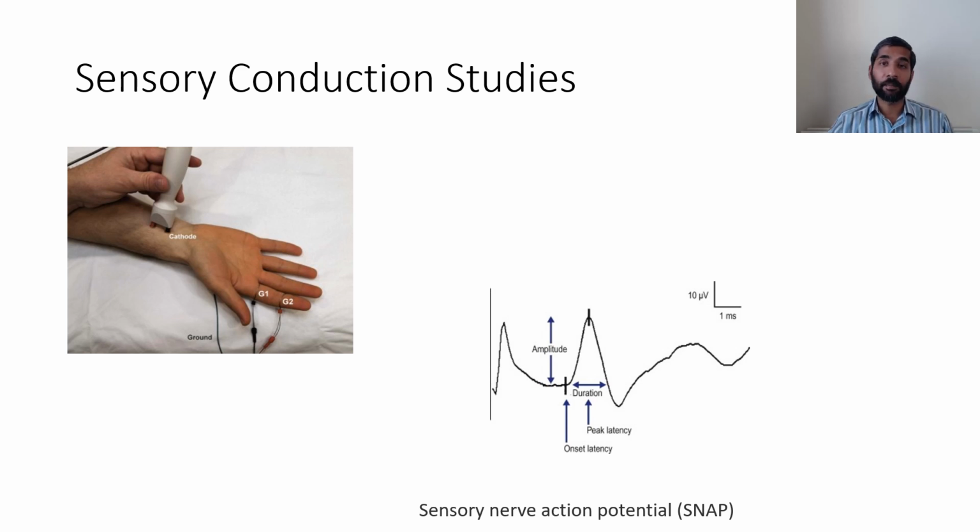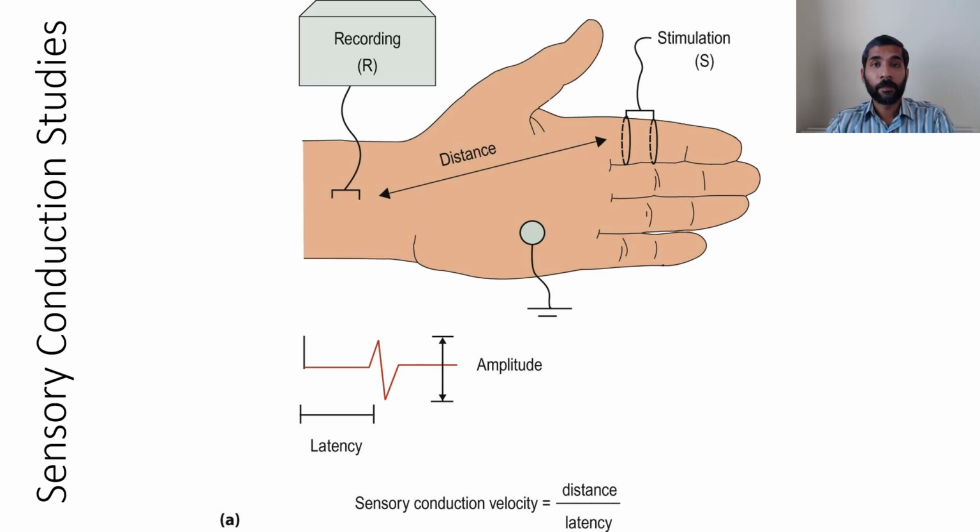In that case, the muscle is being given the signal, given the action potentials from the nerve, and the muscle generates an action potential which we are recording. Here we are directly recording from the nerves, and therefore we say it's sensory nerve action potentials, or SNAP for short. So the idea is that you stimulate at some point of the nerve, and then you record from here.